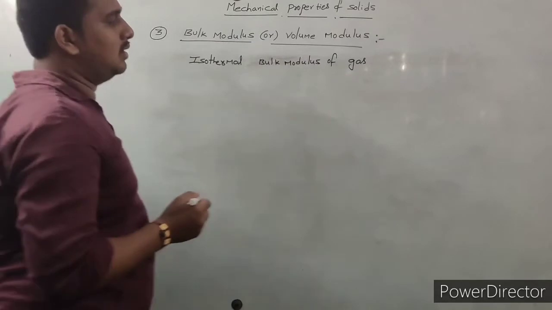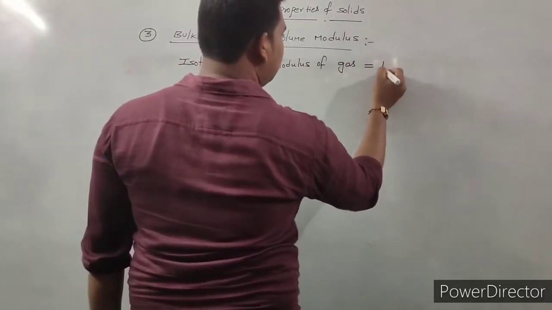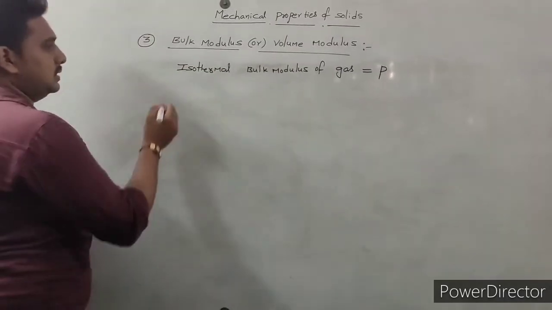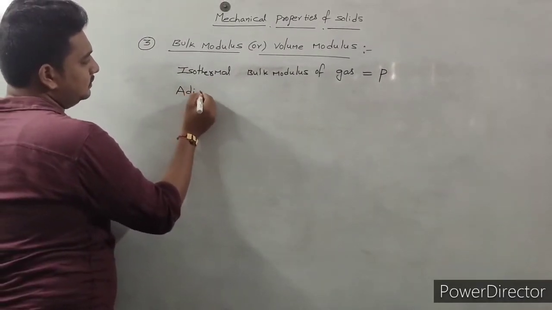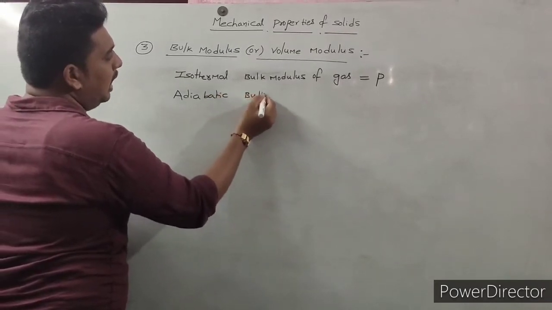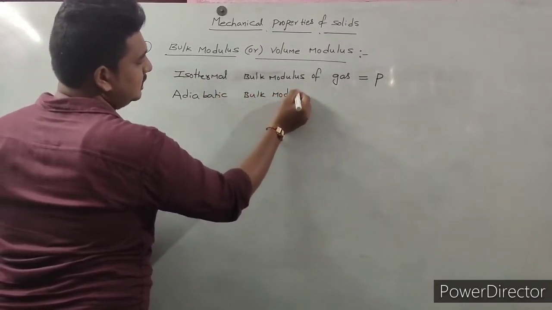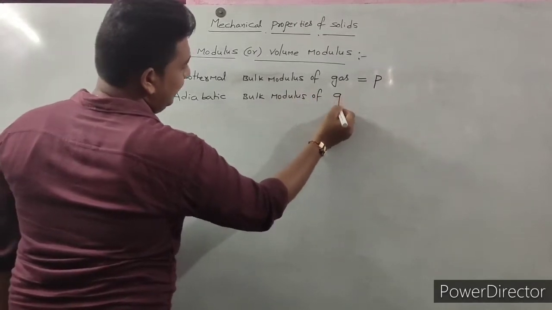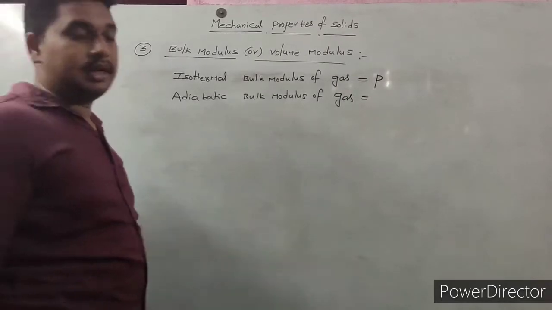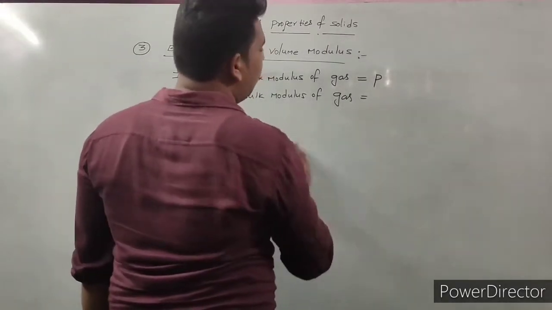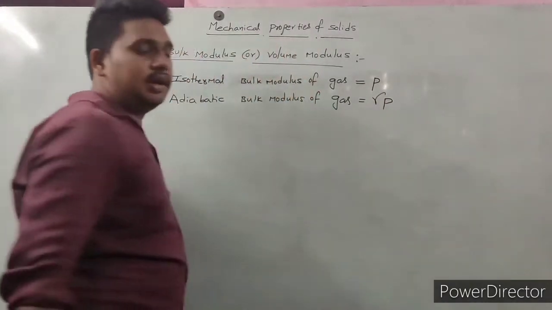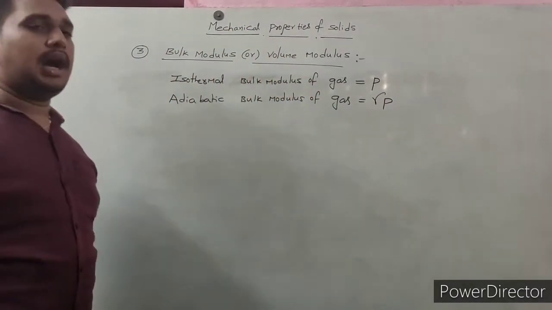Isothermal bulk modulus of gas is equal to P, where P means pressure. Next, adiabatic bulk modulus of gas. This is very important. Adiabatic bulk modulus of gas is equal to gamma P.